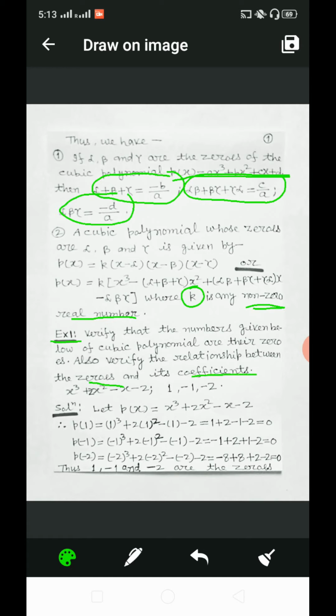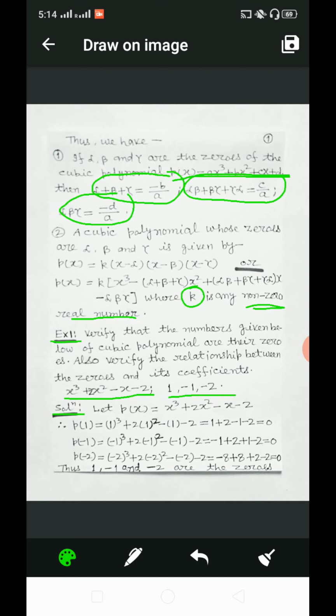The polynomial is x cube plus 2x square minus x minus 2 and the zeros are 1, minus 1, minus 2. Means we have to show that 1, minus 1 and minus 2 are zeros of the given polynomial. Let us find the solution.